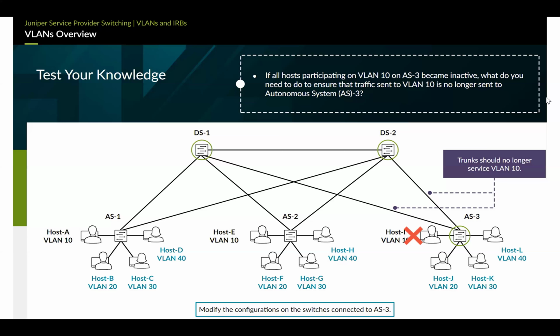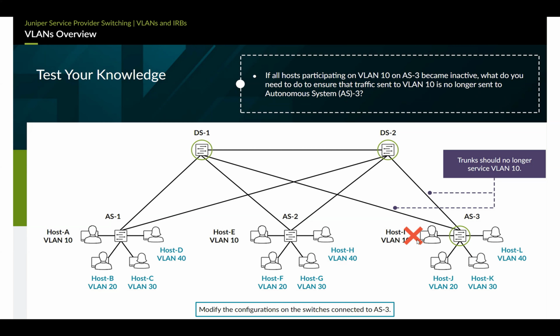So consider, if all hosts participating in VLAN 10 on access switch 3 become inactive, what do you need to do? Ensure that traffic sent to VLAN 10 is no longer sent to access switch 3. That means the trunk should no longer service VLAN 10.